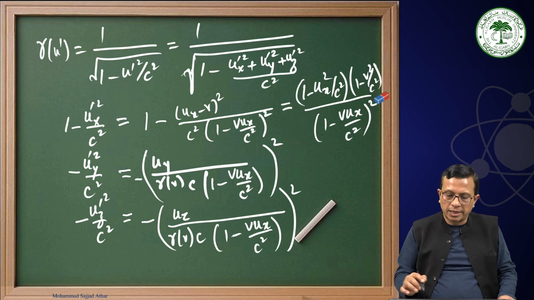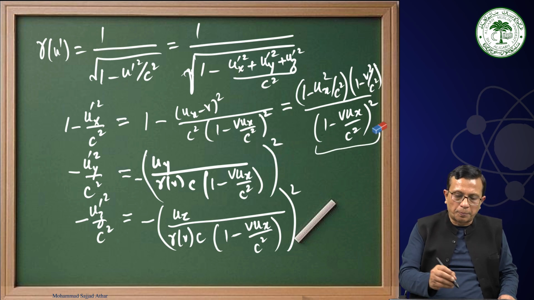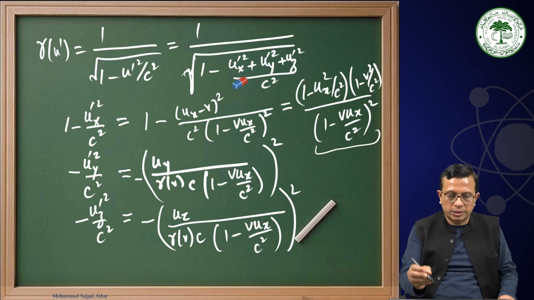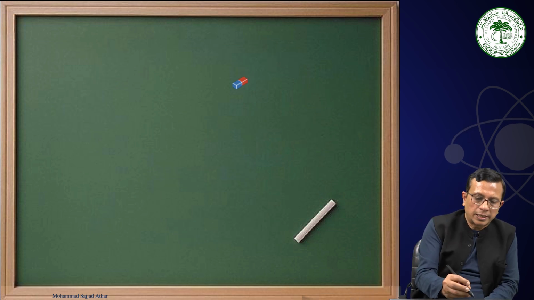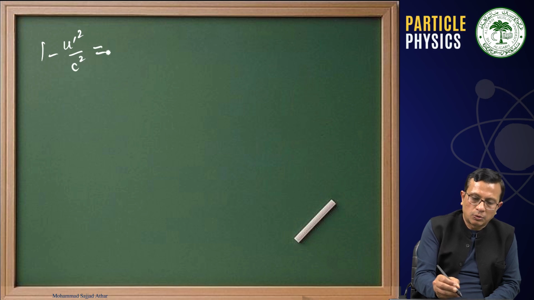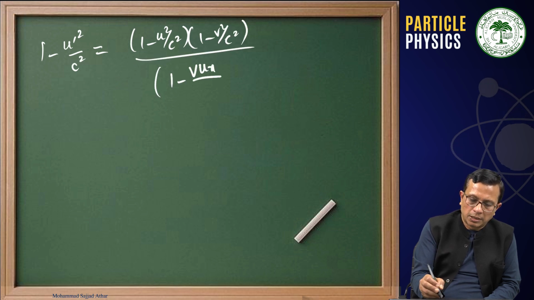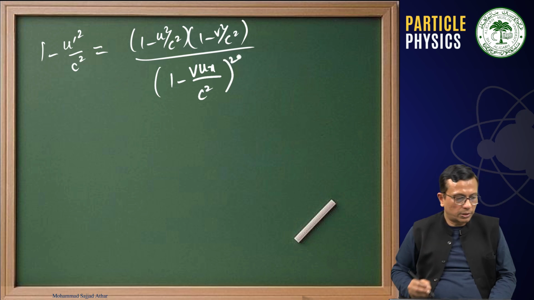Therefore, what you are noticing is that everywhere you have this common term, and you put it together to get 1 minus ux prime square plus uy prime square plus uz prime square by c square. When you do that, 1 minus u prime square by c square is equal to 1 minus u square by c square times 1 minus v square by c square upon 1 minus v ux by c square whole square.